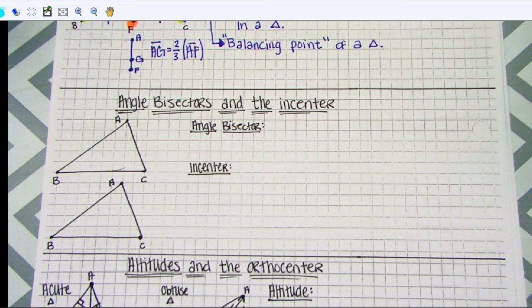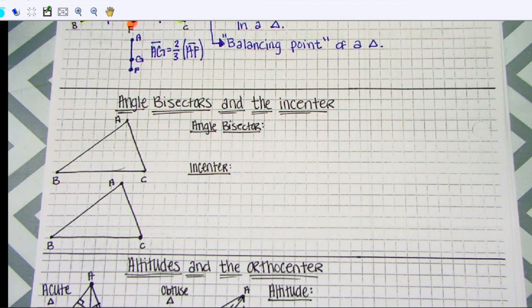What does a bisector do? By it bisecting the angle, what do you mean when you say bisect? Splits it in half, is that what you said? Yeah. So an angle bisector splits an angle in half.